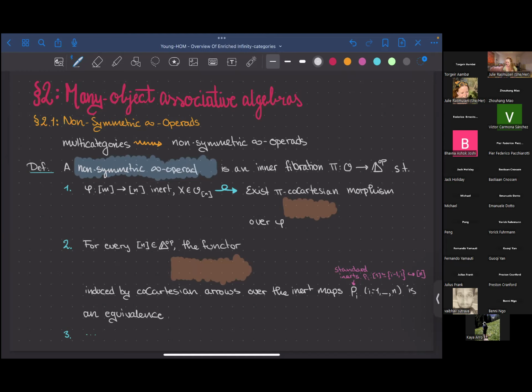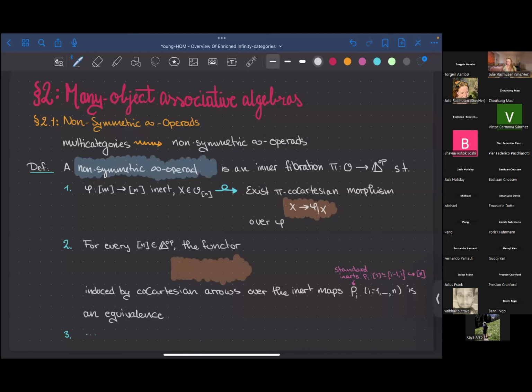is an inner fibration lying over Delta^op, such that for any inert φ from m to n, and any object x in the fiber over n, there exists a p-coCartesian morphism x to φ_!(x) lying over our map φ.